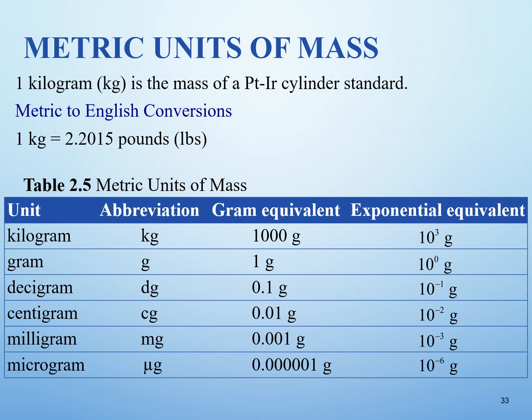All right, so conversion from English to metric. So 1 kilogram is 2.2015 pounds. Again, if you need this, I'll give you the conversion from metric to English. But you need to memorize these. Well, you should have memorized them, and you'll see how we have kilo.